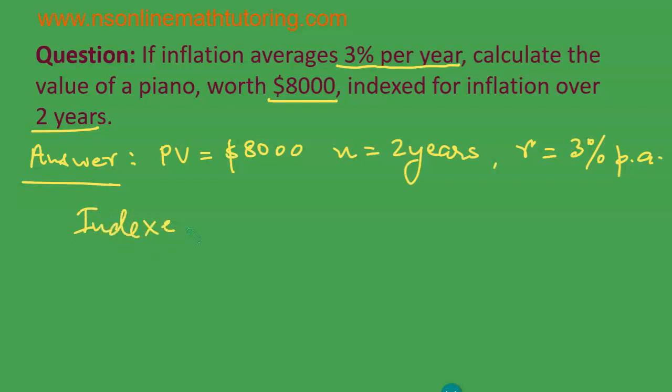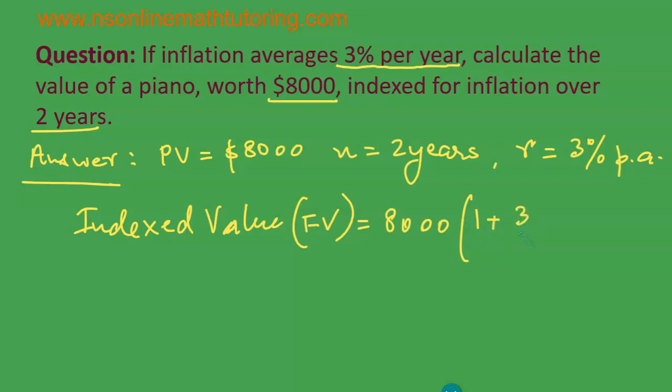Indexed value or the future value is equal to PV, that is 8,000 times 1 plus R, which is 3 over 100, to the power of 2.